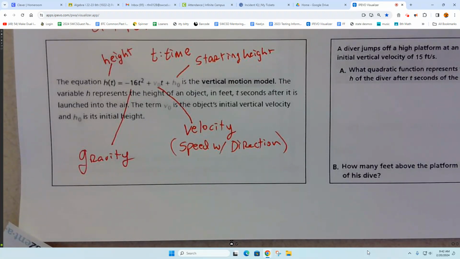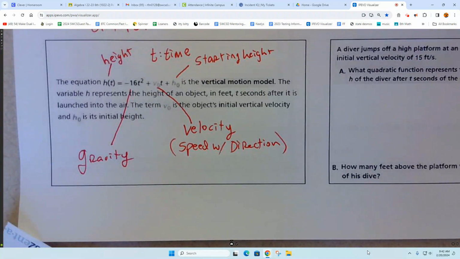Gravity is actually acting on you and you're kind of falling towards Earth, but you're moving away from Earth at the same time, at the same rate as gravity.